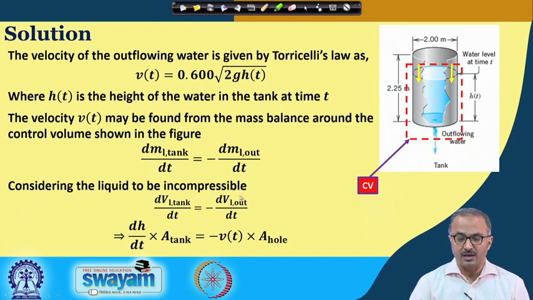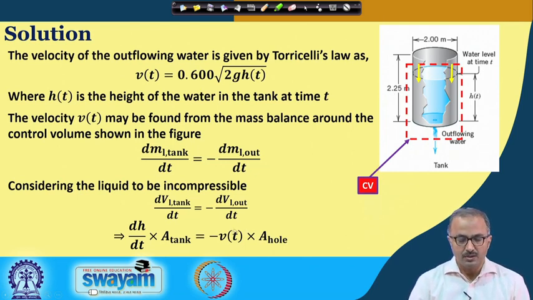On the other hand, at the outlet, we are given that the velocity is a function of the height of the water level. The velocity depends on this hydrostatic head, or the level of the water inside the tank. And as the level goes down, the velocity also starts decreasing.